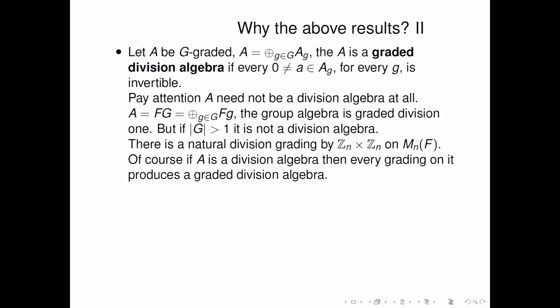It will be a graded division algebra if every non-zero homogeneous element is invertible, not that every element is invertible. For example, take the group algebra of G. It is graded division since every element of this kind, a non-zero scalar times an element of the group, is invertible. But it is not a division algebra if G is larger than 1.